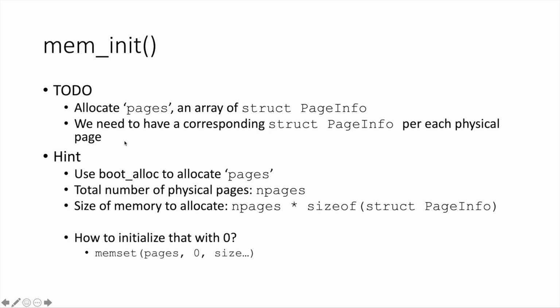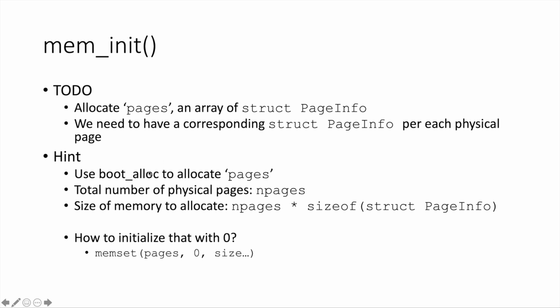So some hints for meminit are: you can use bootalloc to allocate memory for the variable pages, but you should know the size argument that you need to supply to bootalloc.